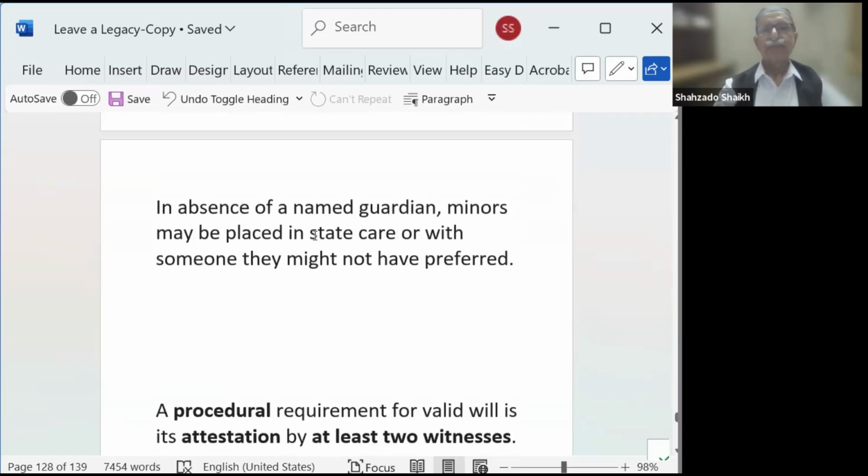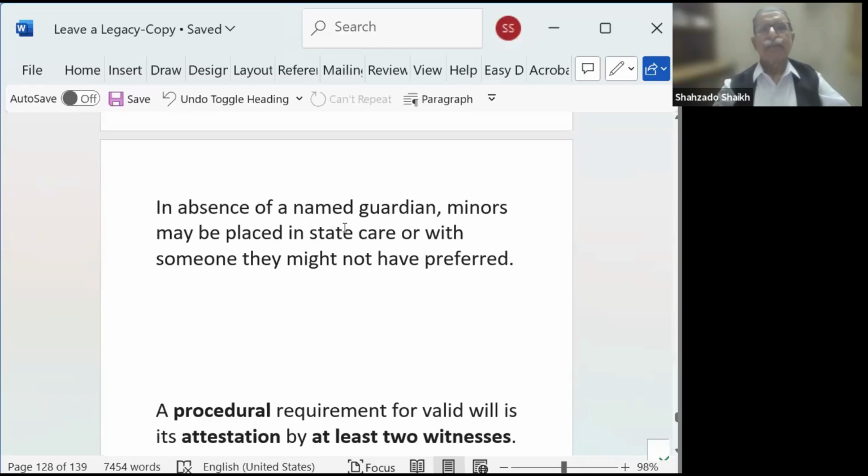In absence of a named guardian, if the name of the guardian is not mentioned in the will, and the children are minor, and the Quran has also exhorted that if you are worried about your children, you must prepare for those circumstances now. Appoint a guardian.